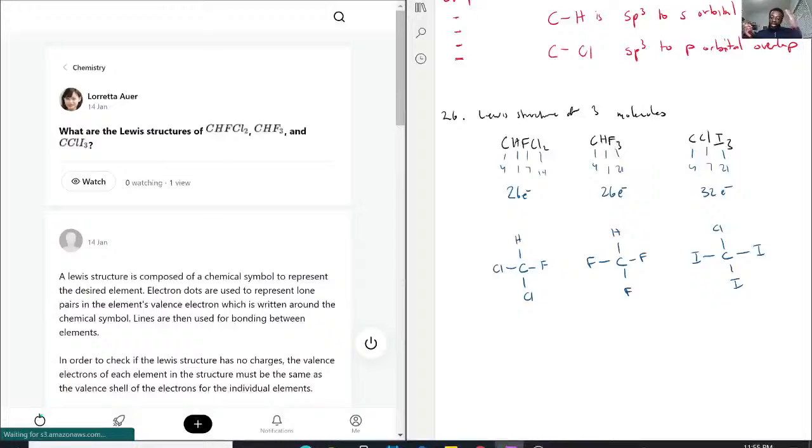Hydrogen, exactly, is already sharing one of its 1, so it's good. But the fluorines are all sharing one of their 7.